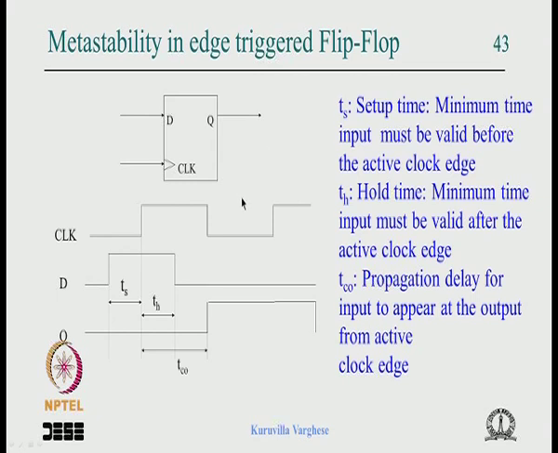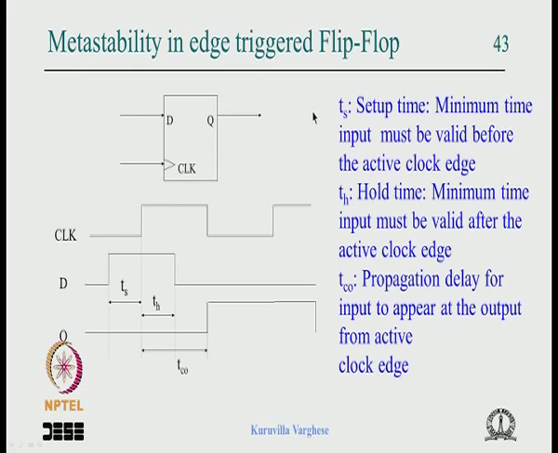Now another effect of this metastability in a flip flop, this behavior is called metastability. Another effect is that if the data is changing within this window close to the clock edge, the output will either become 0 or become 1, but it will take a long time to resolve. Say the output was 0, it was going to 1, but it would not transit fast, it will take some time and settle to 1.